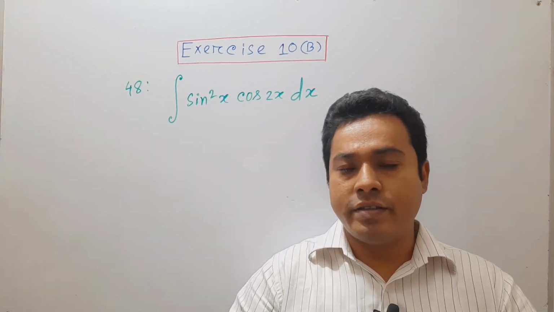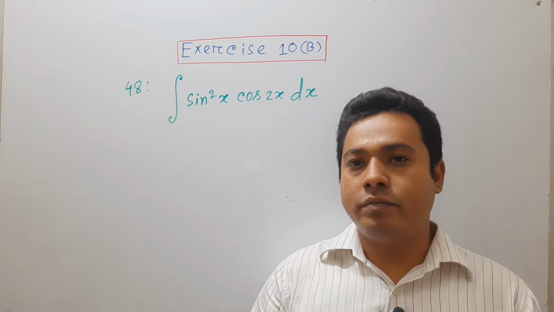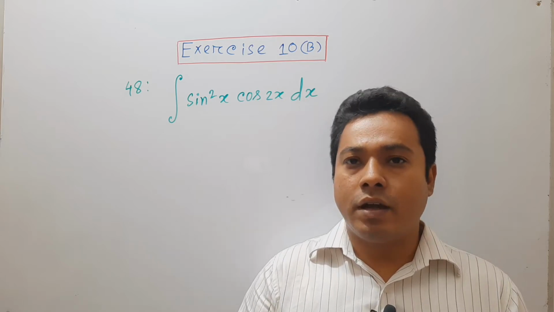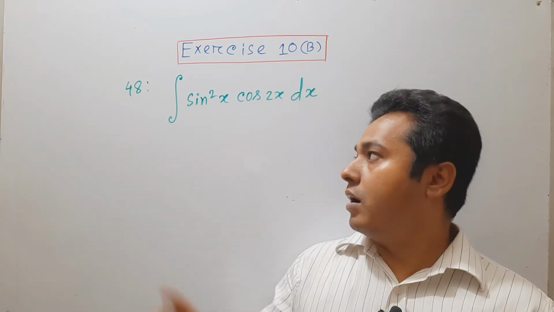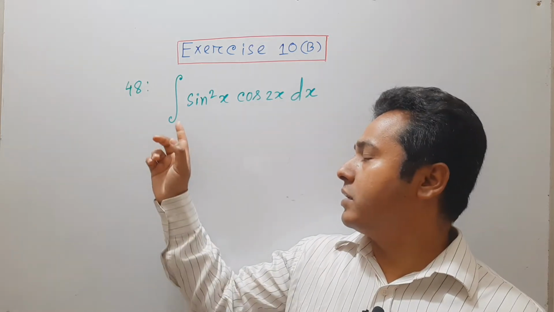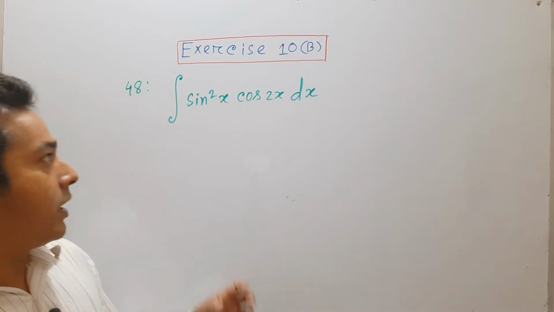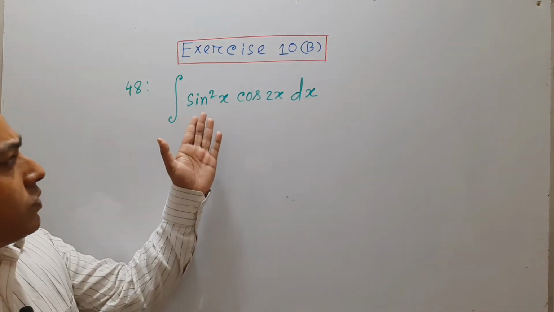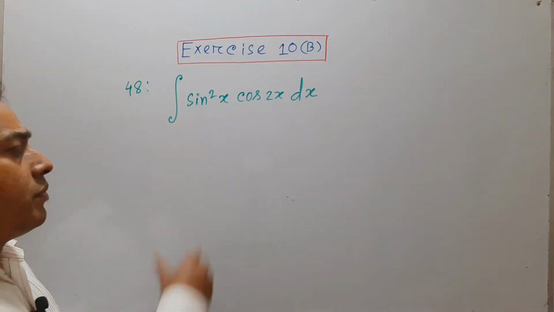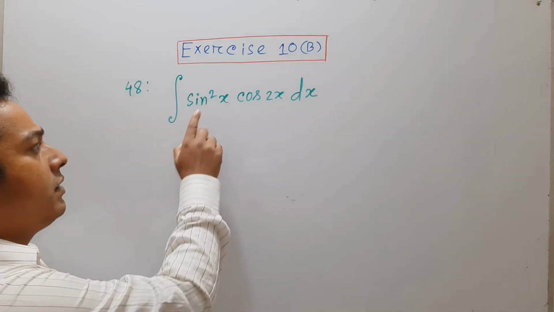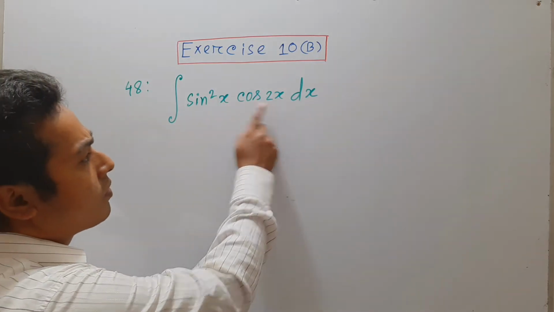Okay my dear students, our first question from exercise 10b, question number 48, integration of sin square x cos 2x dx. At first, two trigonometric functions are involved in this integration, sin square x and cos 2x.